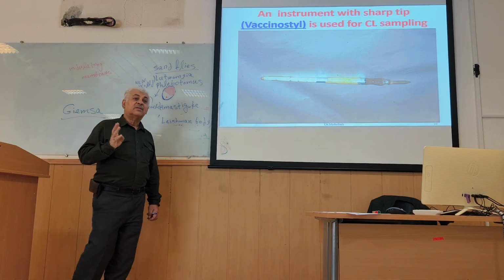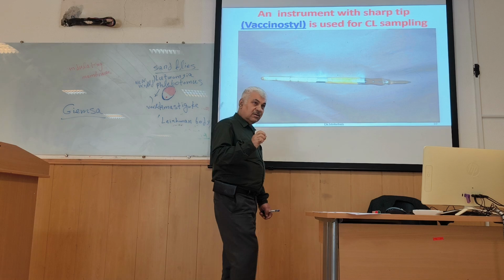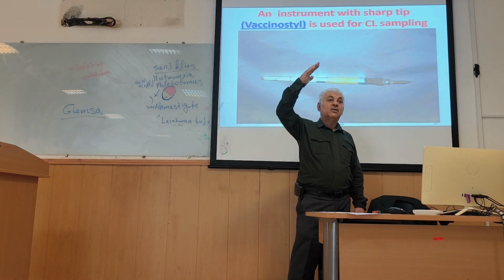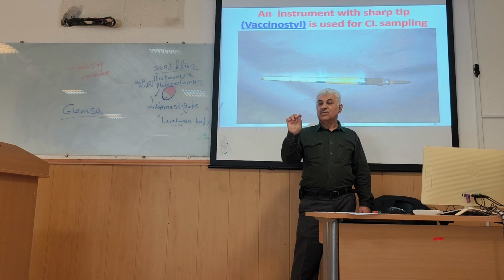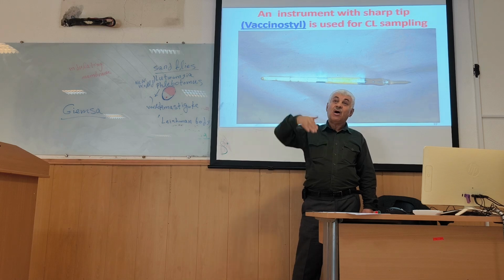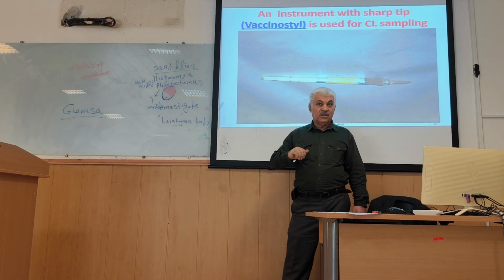The sensitivity rate of the spleen is very high. We can see the amastigotes with a 92 to 98% sensitivity rate in patients.